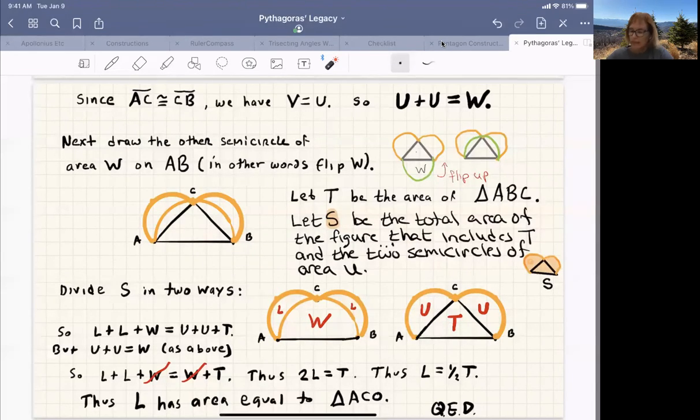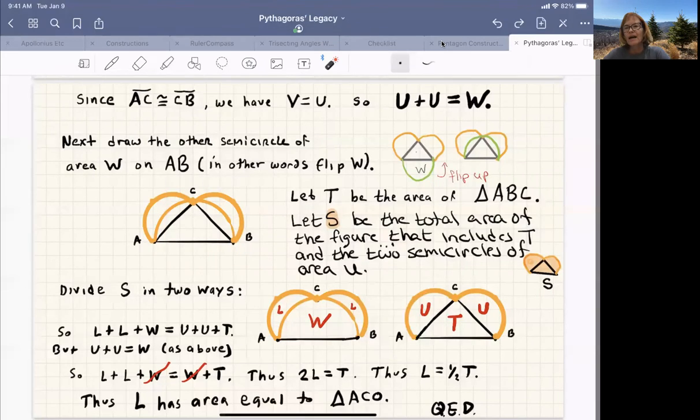So now let's let T be the area of the triangle. Let S be the total area of the whole figure, like everything. So if you color in everything, that's what we're calling S. And that's what's illustrated over here.